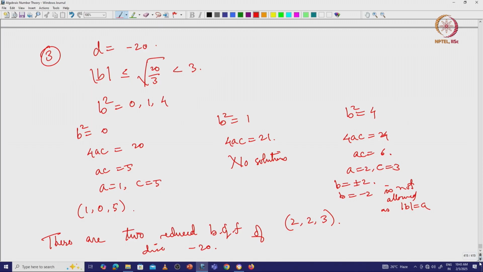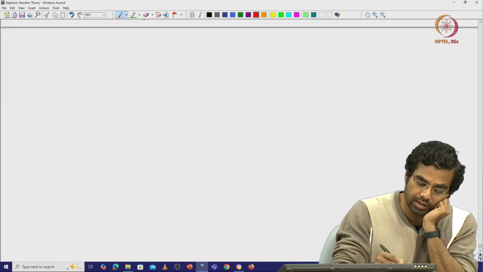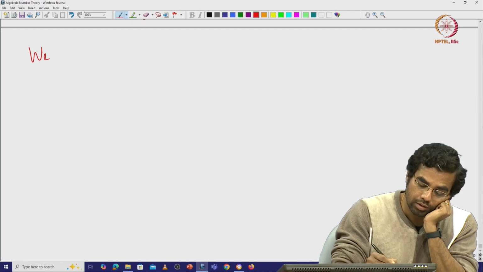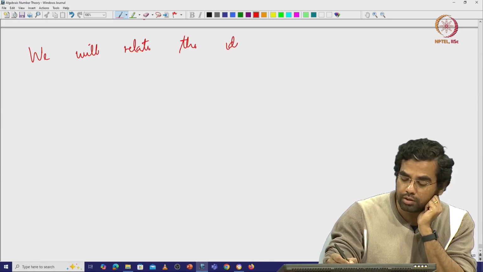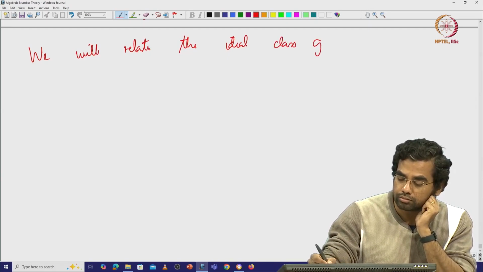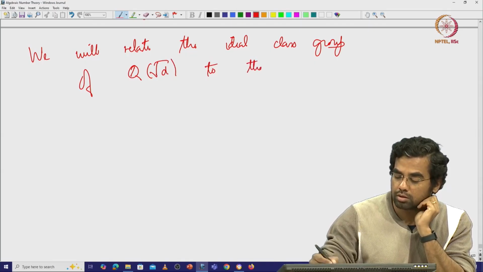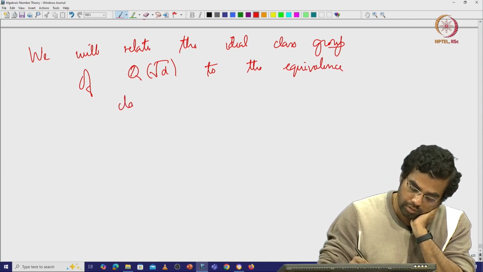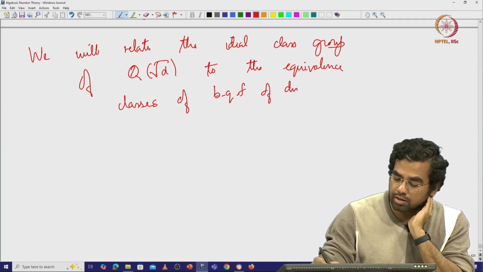So our next task, so maybe that is all for the examples. What we are going to do is relate the ideal class group of Q square root of d to the equivalence classes of binary quadratic forms of discriminant d.